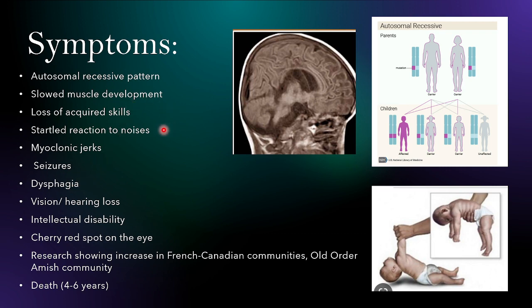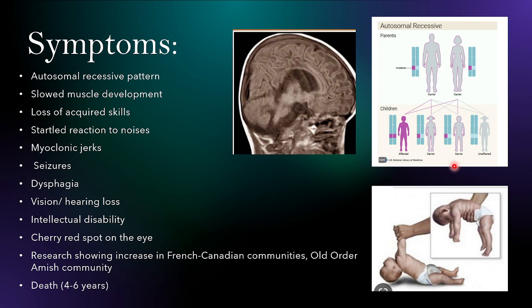So the symptoms. First of all, Tay-Sachs is an autosomal recessive pattern, and this causes slowed muscle development, a startled reaction to loud noises, myoclonic jerks, which are muscle twitches, and loss of acquired skills, daily life skills that we would need.